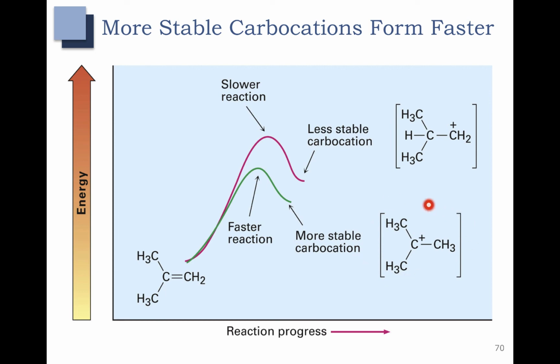A tertiary carbocation in this case is going to be more stable, right? It's associated with this lower energy here. It is also faster because the hump is lower. Remember that hump corresponds to a transition state. The primary carbocation is less stable and forms slower.